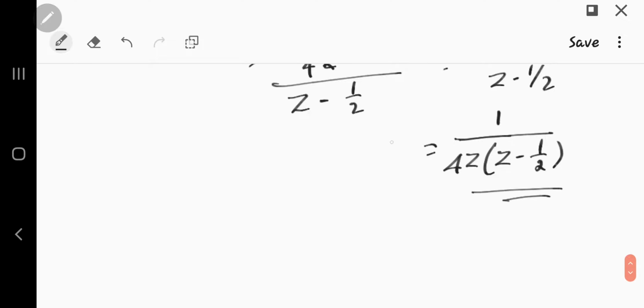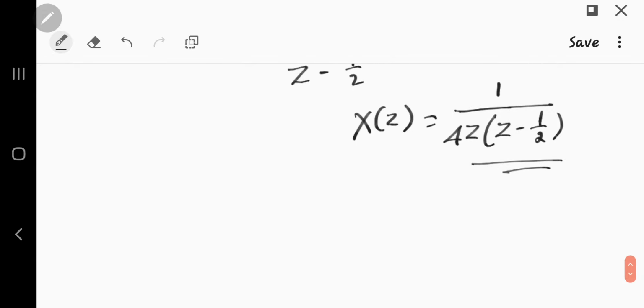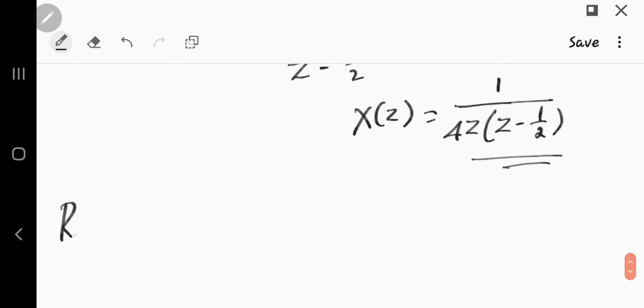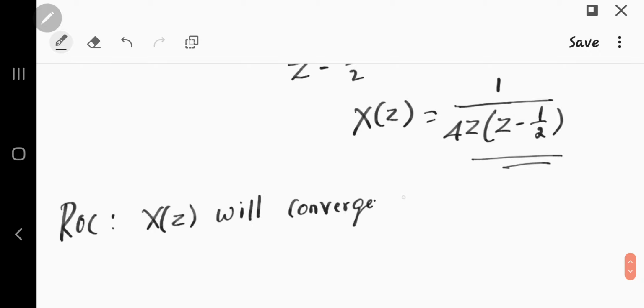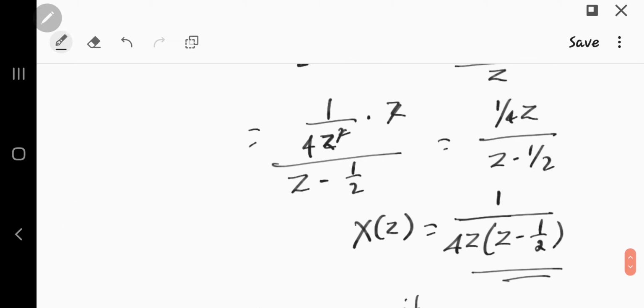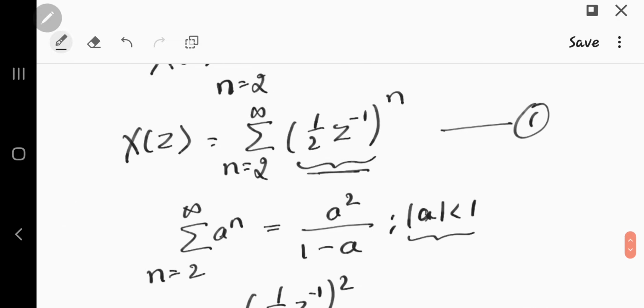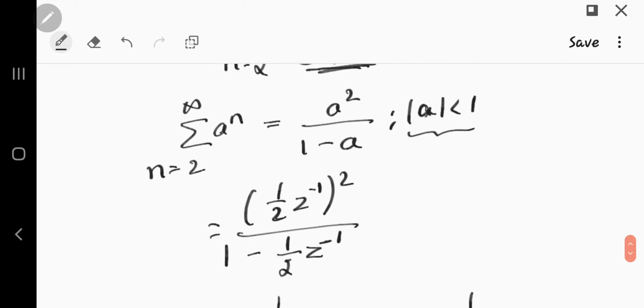So, this is x of z. Now, for the ROC, x of z will converge when the mod of this term is less than 1.